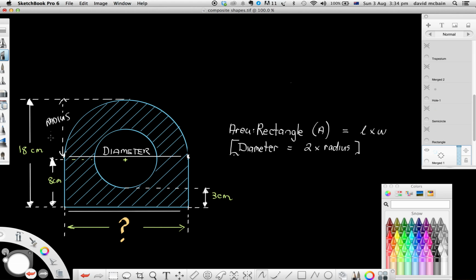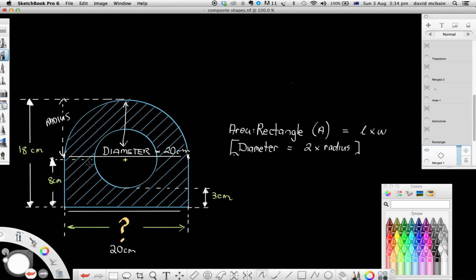So this section in here must be 10. So the radius of our semicircle must be 10 centimetres, which means that our diameter must be 2 times 10, which is 20. So the diameter of this large circle is 20 centimetres, which is the length of our rectangle.